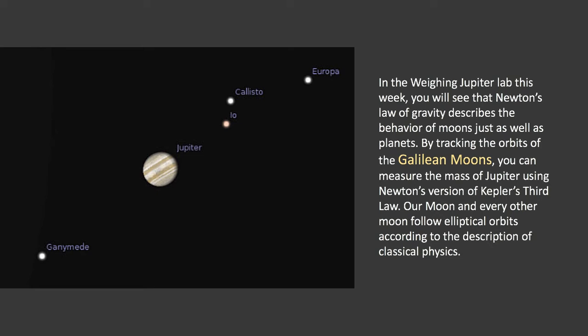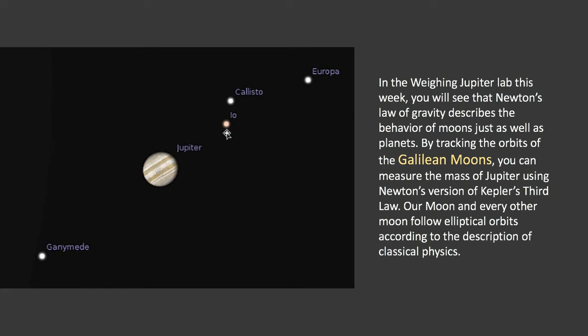And so we're going to do that with the Weighing Jupiter lab this week. So what you'll do is you'll open this view in Stellarium, and there's an instructional video showing you how to do this. And you'll track the motions of the moons around Jupiter, and use that to measure the mass of the planet Jupiter.